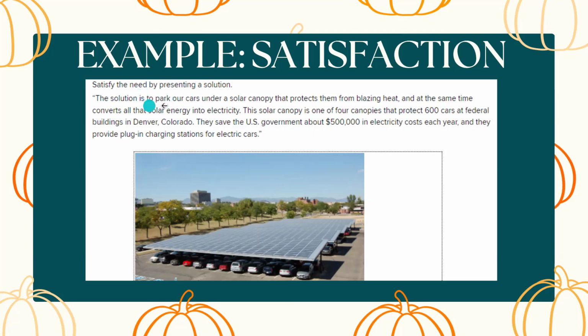So he reveals the satisfaction itself, and then goes into a lot of details on everything we need to know, right? How many cars it protects, a specific location, how much money it saved the US government, and even extra things we need to know, like it also provides this.